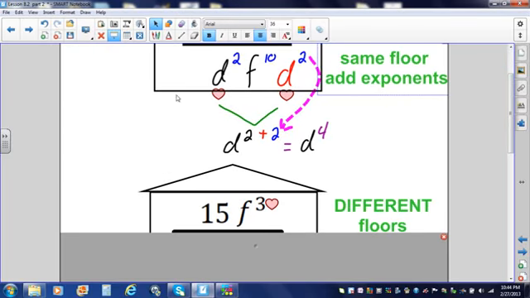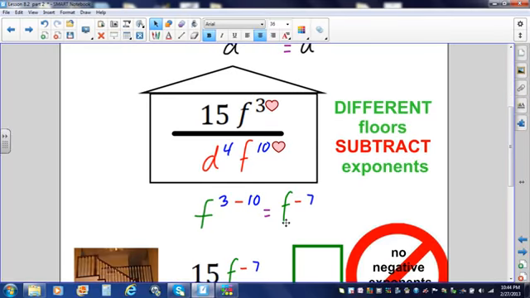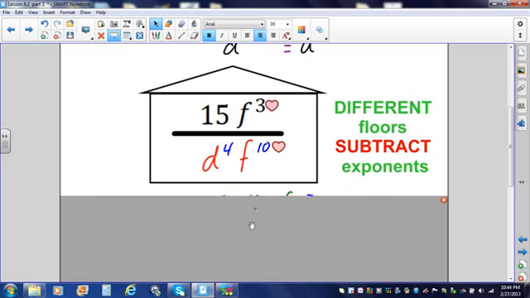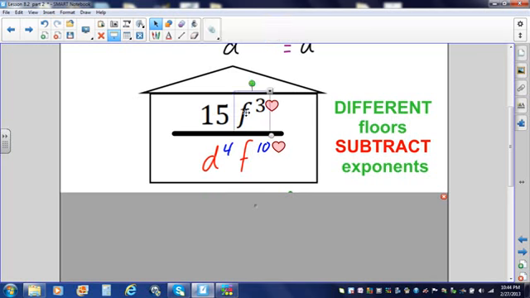Now I'm going to rewrite my problem. So here's my problem. I have 15f to the 3 over d to the 4th f to the 10th. Now, notice I have an f on the top floor and an f on the bottom floor.